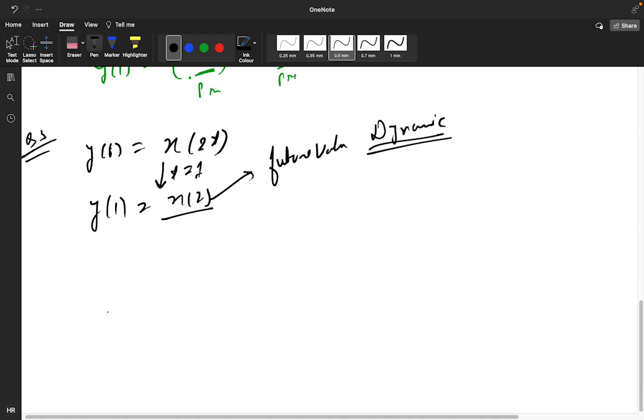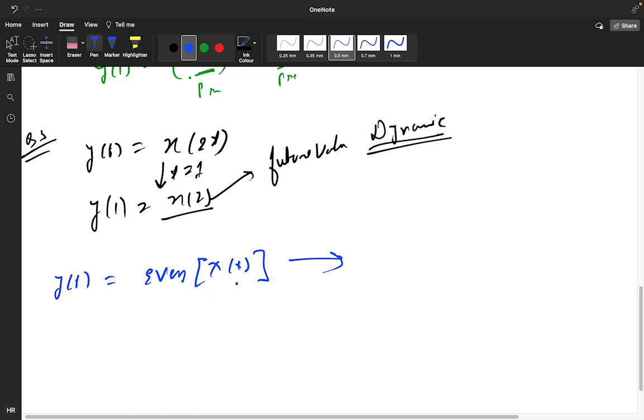What is this? y of t is equal to even of x of t. So is this dynamic or static? You can say what this will be, static or dynamic?